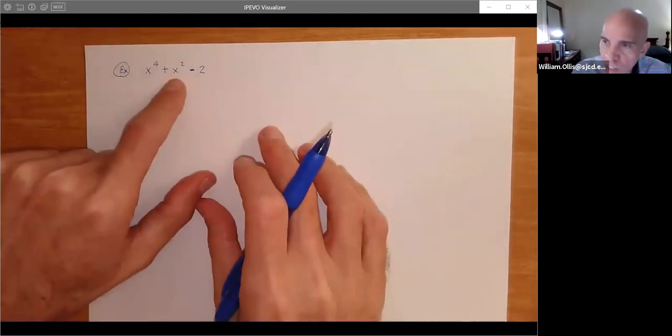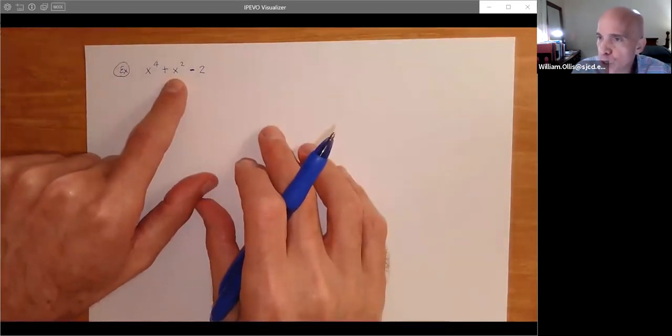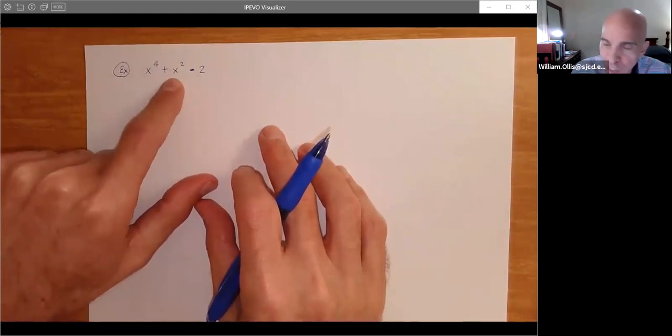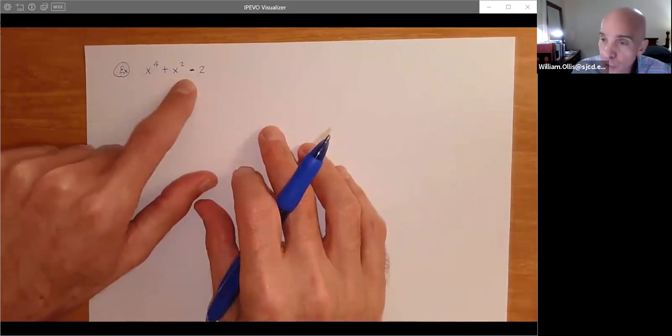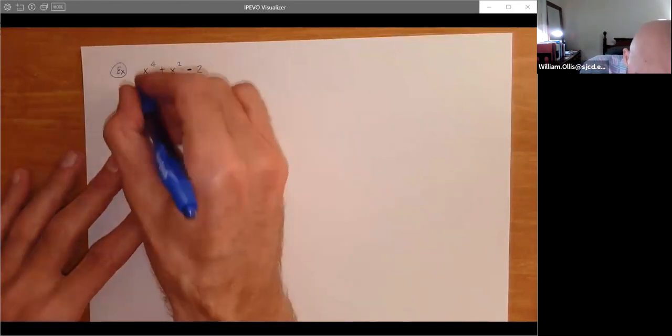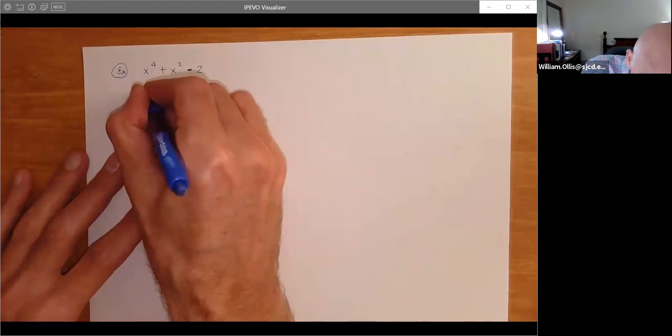But here's an example where you don't have to use the new technique because the AC lemma works. Notice since this is quadratic in x squared, we can simply treat this first as AC lemma. And then of course, if it didn't work, we could try something else. But notice this is easy.